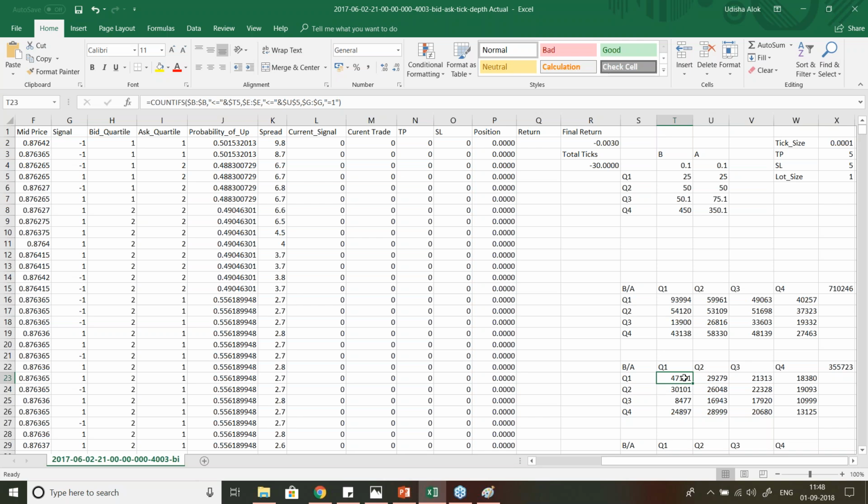So can you tell me what is the probability? The total instances combine both +1 and -1. Here only +1. Here we have calculated Q1 and Q1 and the signal is 1.